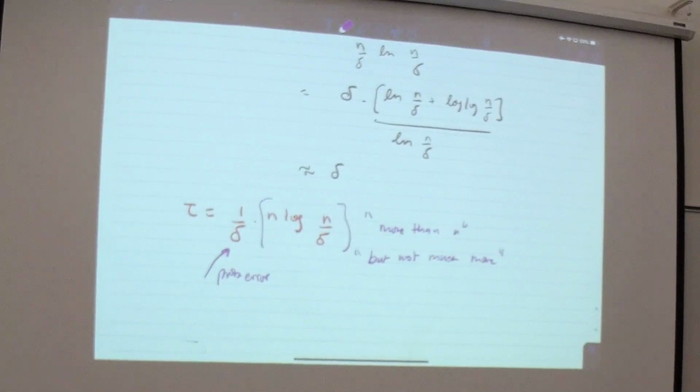Since tau is roughly n over delta with an extra term there, the number of bits you are now sending is log of tau, which is log of n over delta. We have delta as a very tiny constant.